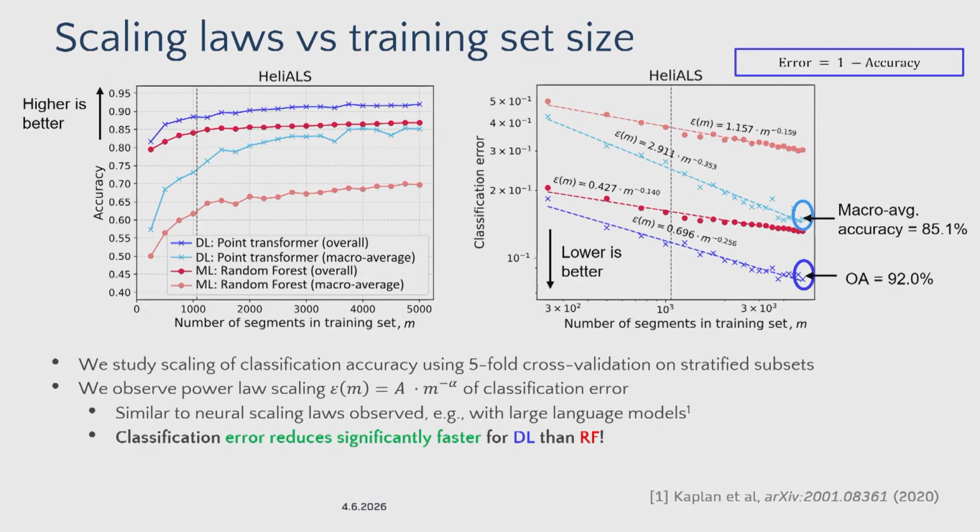Then we did the scaling laws, and on the left side you see that it was not the case that machine learning wins over deep learning when you have a few training data. We didn't find how few training data there should be for machine learning to win over deep learning. So deep learning was winning, and deep learning got better as the number of segments increased.